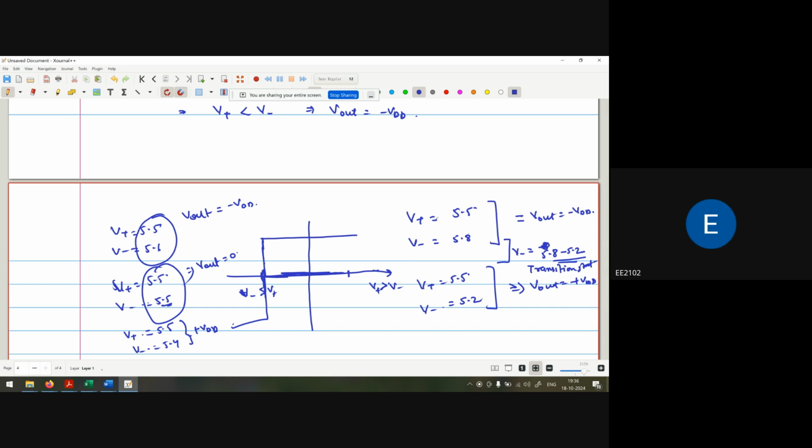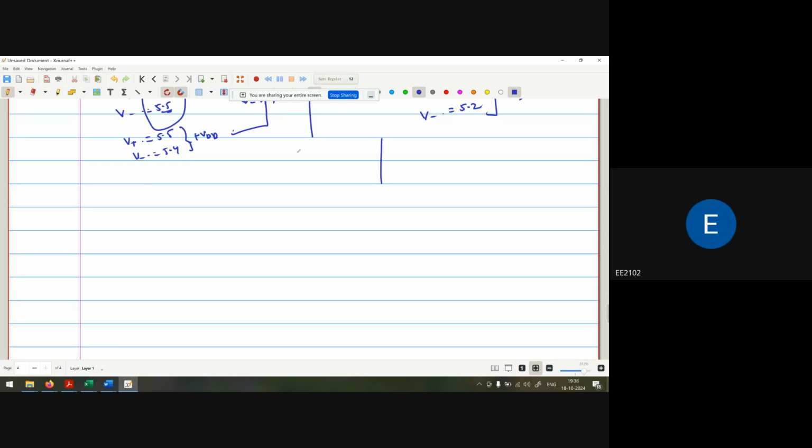So if you know that this is the hysteresis curve, this particular event is called the transition, where it will go from 0 to 1 or 1 to minus 1.